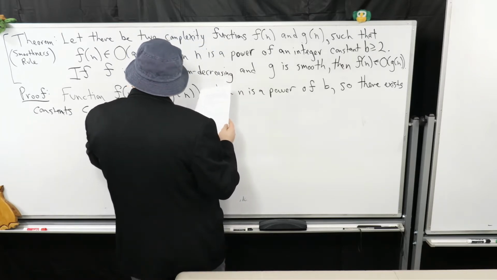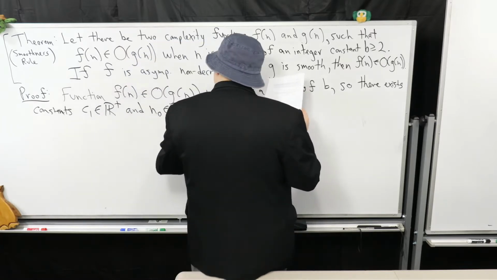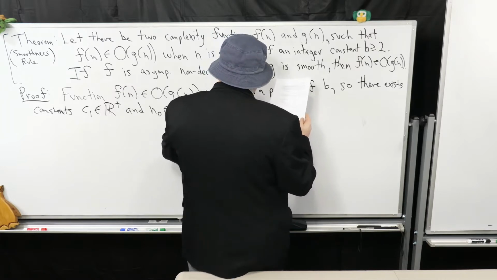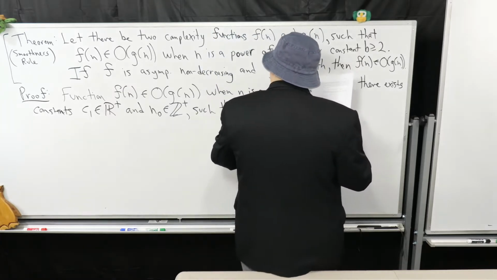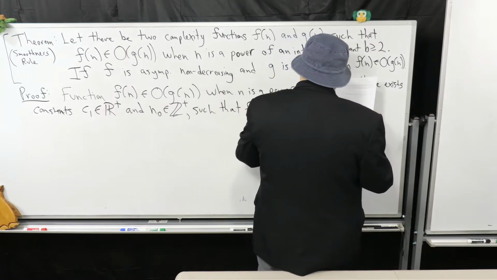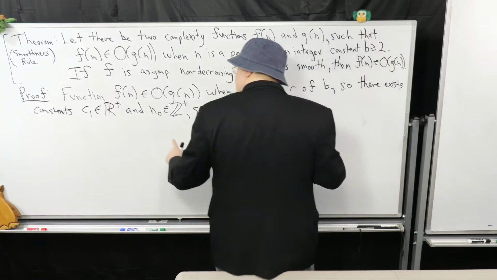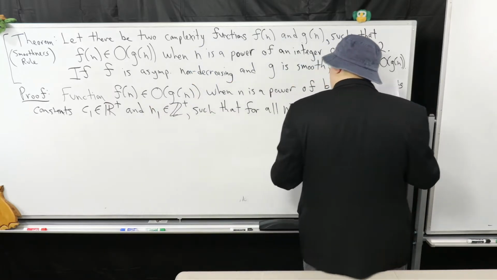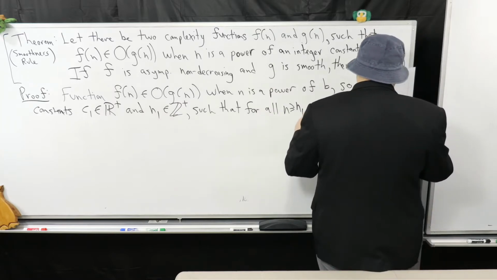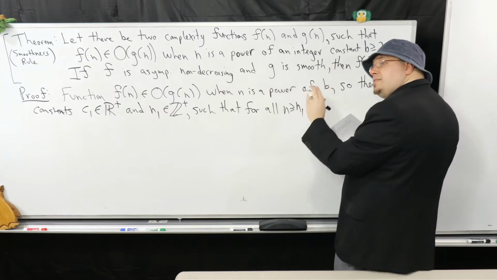And n1, which is a positive integer, such that for all n greater or equal to n1. Let's call this n1. I'm going to use this as setup. Remember, when I write down n here, that n is a power of b.